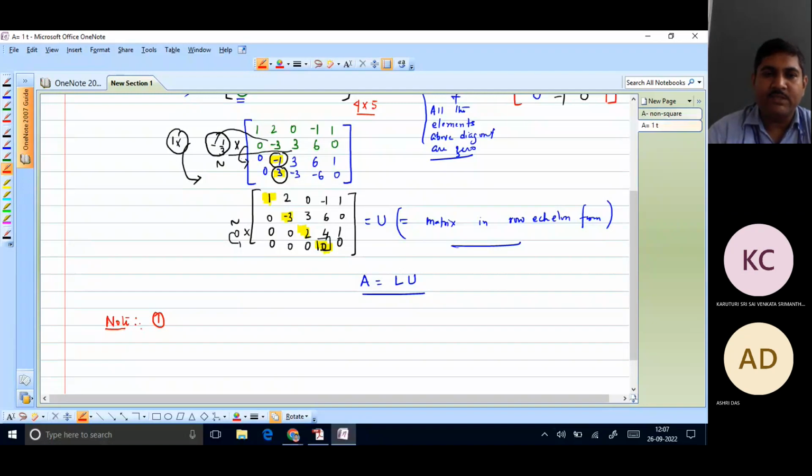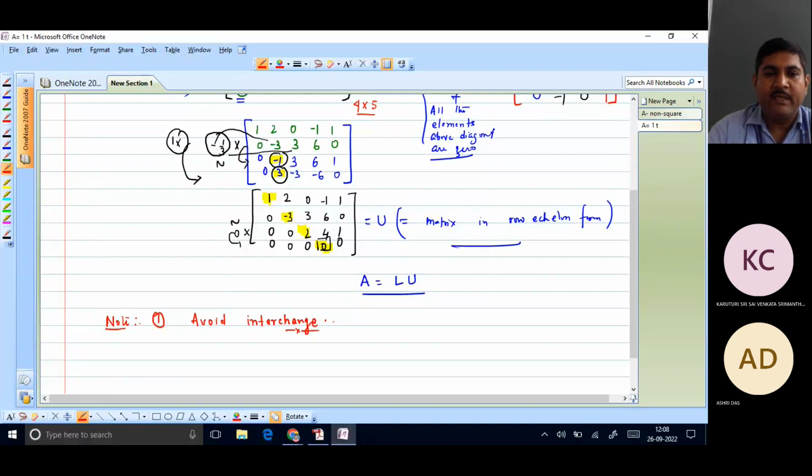So here, out of these 3 operations, I will perform only 2 operations, and I will not do interchange, because in this case, if you go for the interchange, then your concept of lower triangular matrix will change. You will not get a lower triangular matrix. So you have to avoid interchange. Interchange is not allowed.